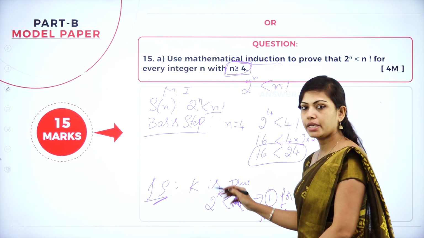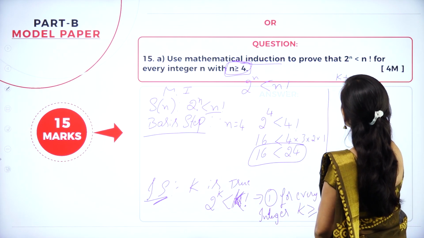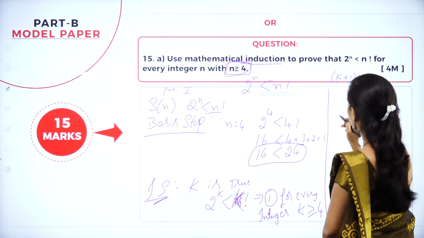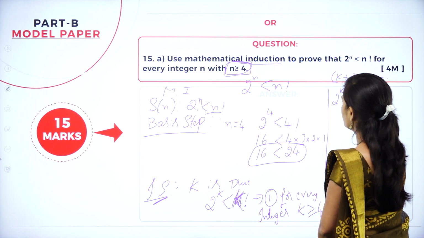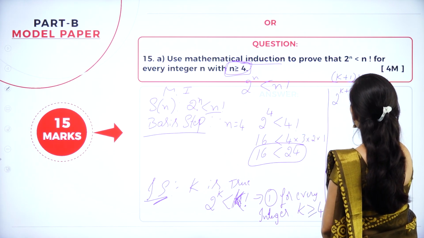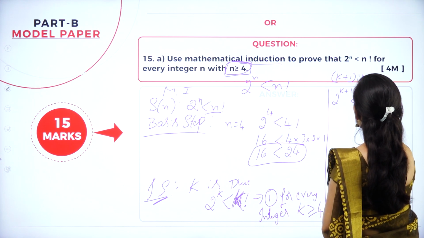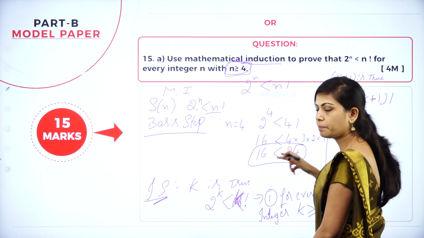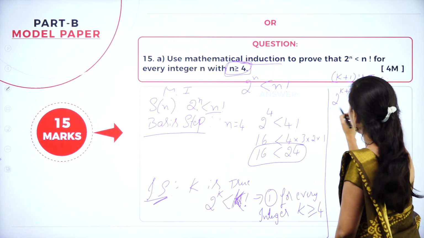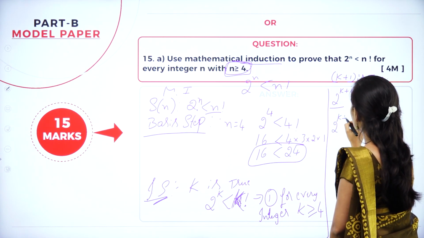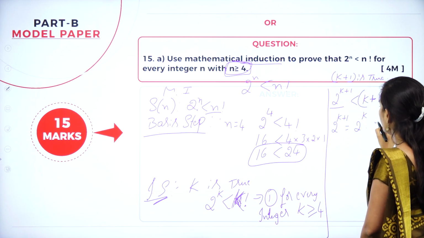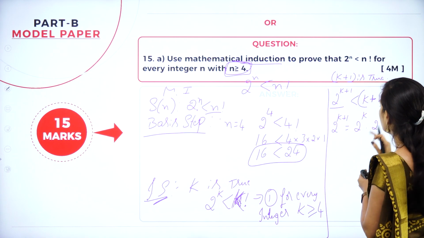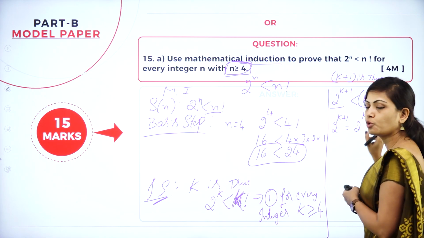And the next step in induction method is k plus 1. You have to prove that k plus 1 is true, that is 2 power k plus 1 less than k plus 1 factorial. In equation number 1, in place of k, you just replace by k plus 1. So I'll take 2 power k plus 1. I can write 2 power k into 2 power 1.